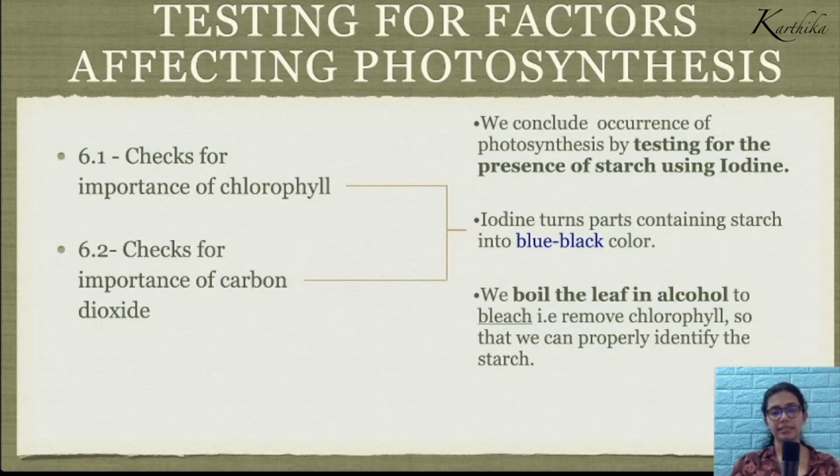When that green color is there, and on top of that the blue-black color appears, then you can't really make out the difference, right? So that we can clearly make out the blue-black color of iodine, it is important that all the chlorophyll pigment is taken off just before the iodine test.